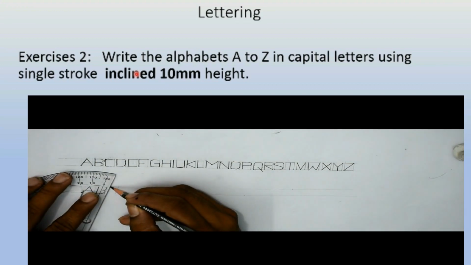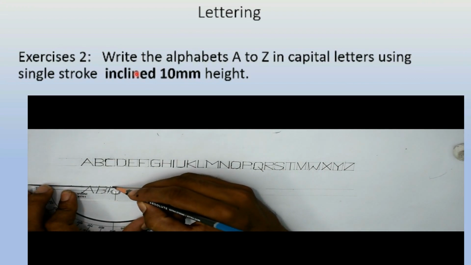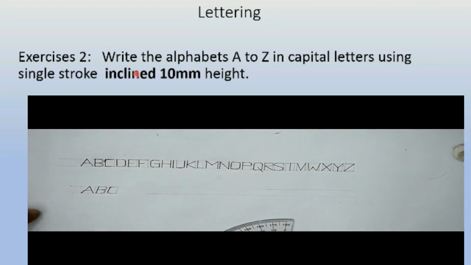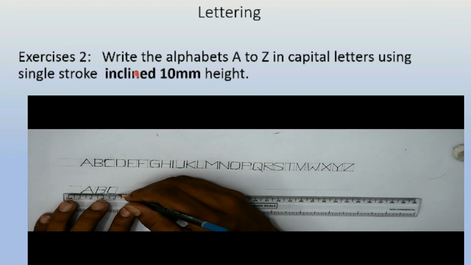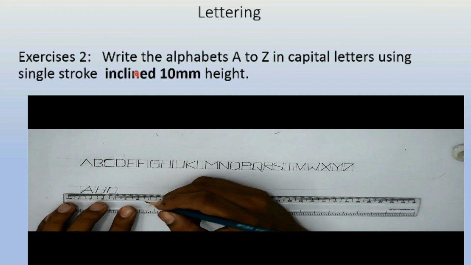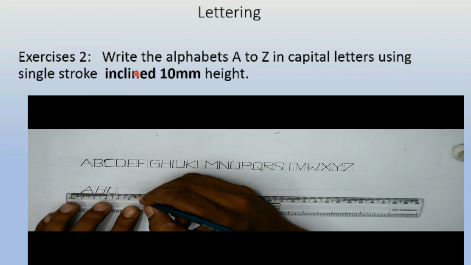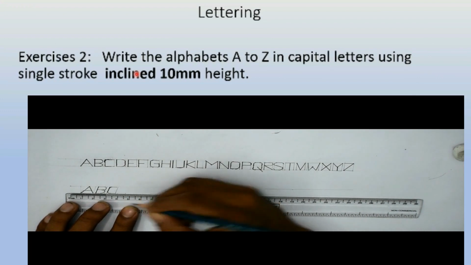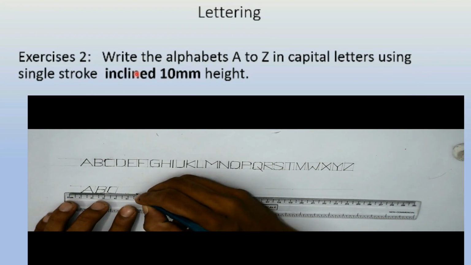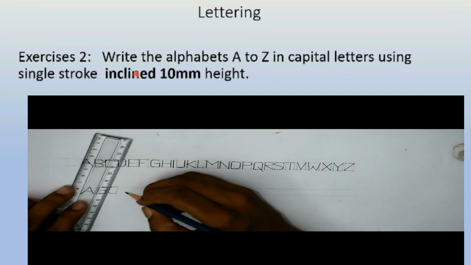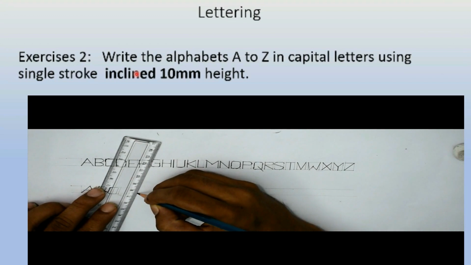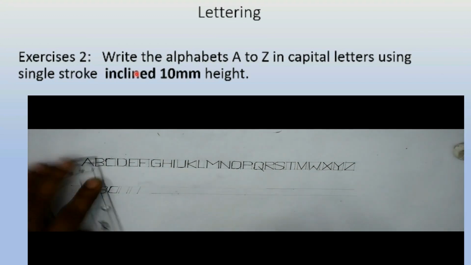And this is B. This is letter C, and now again 2 mm gap and 7 mm width. 2 mm gap, 7 mm width. The letter D.